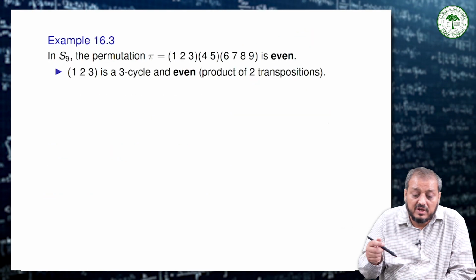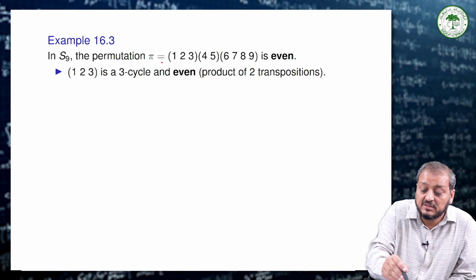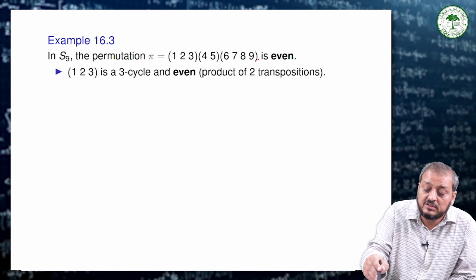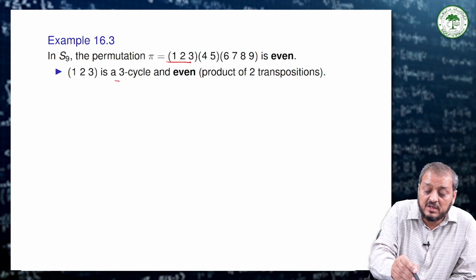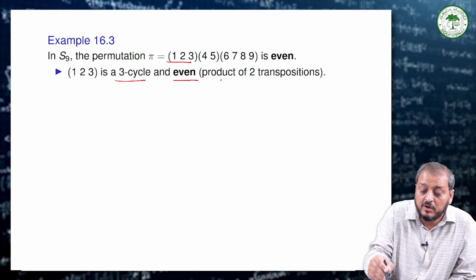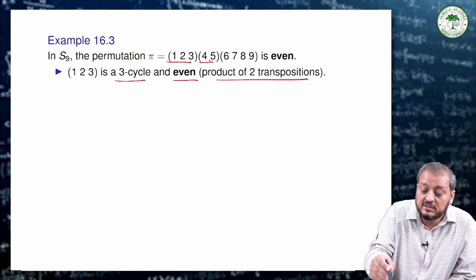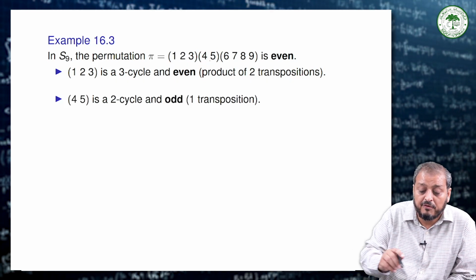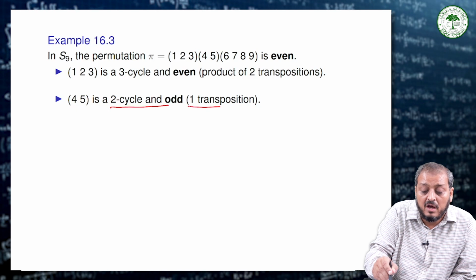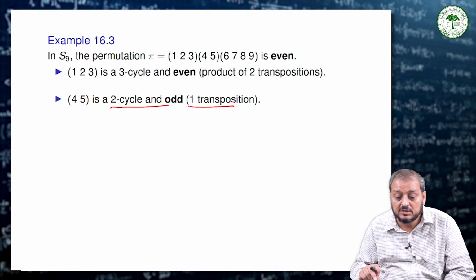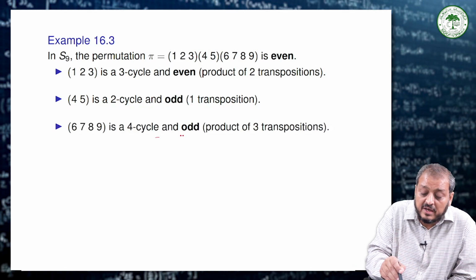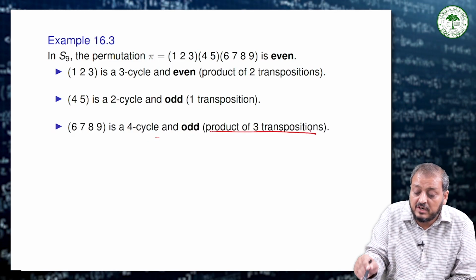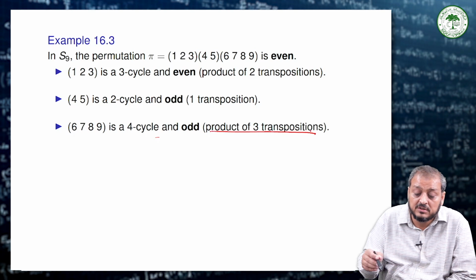Let pi in S9. This is clearly a product of disjoint cycles, and the first is even because (1 2 3) is a 3-cycle and is even, a product of 2 transpositions. And (4 5) is a 2-cycle and is odd, so we have 1 transposition. Then this 4-cycle is again odd, a product of 3 transpositions.